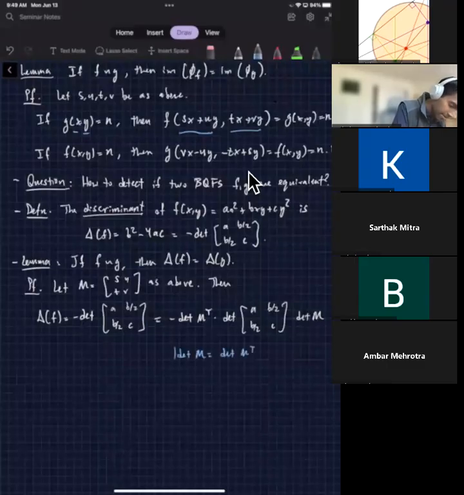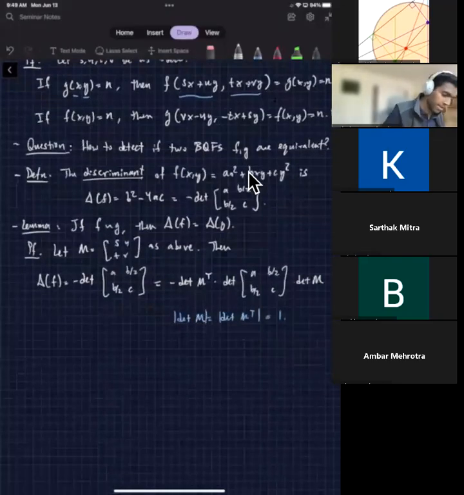And in fact, if you take their absolute values, they're equal to 1. So that's why we can multiply by those factors. That doesn't change anything.